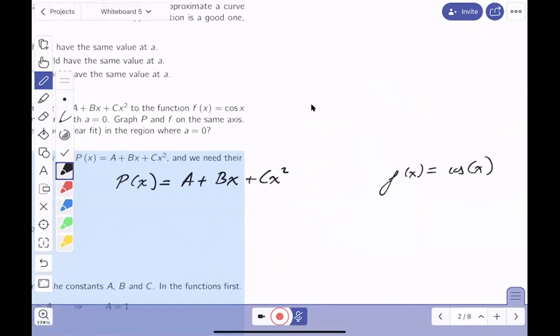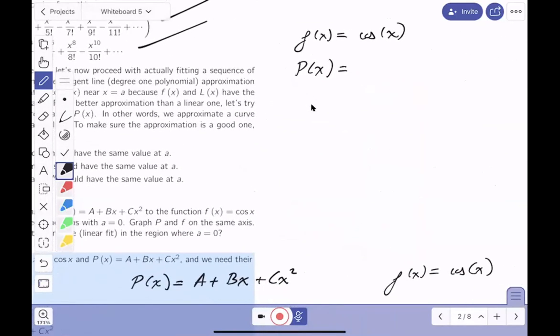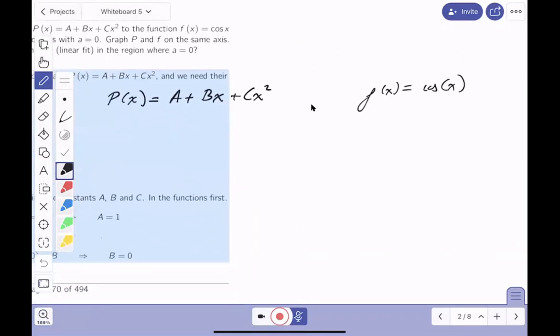From my example, I think I know what it should be. If f of x is cosine x, from the example we just did, p of x should turn out to be 1 minus x squared over 2 factorial, which is basically just 1 minus x squared over 2. Now, I don't know if that's true, by the way.